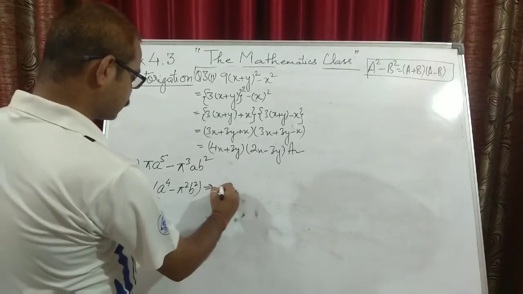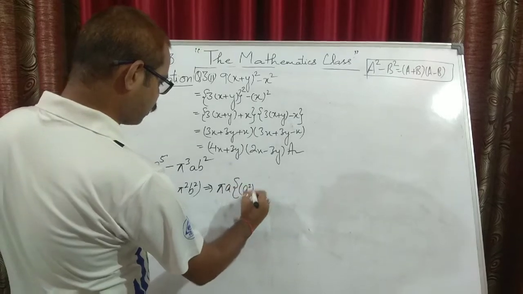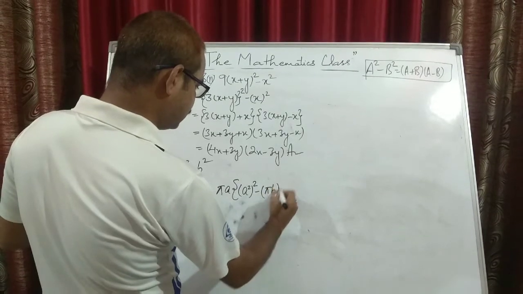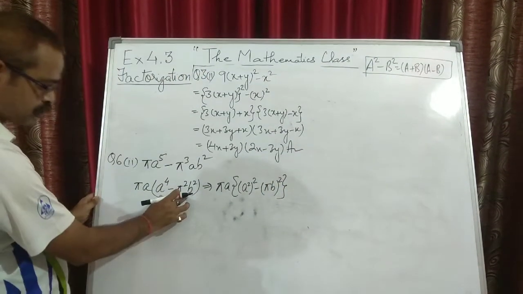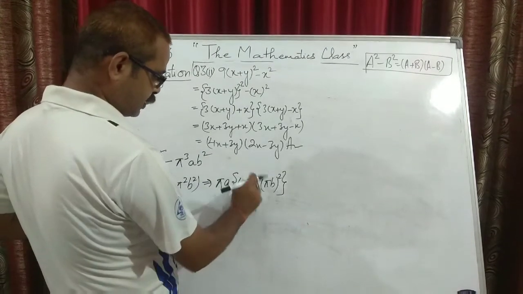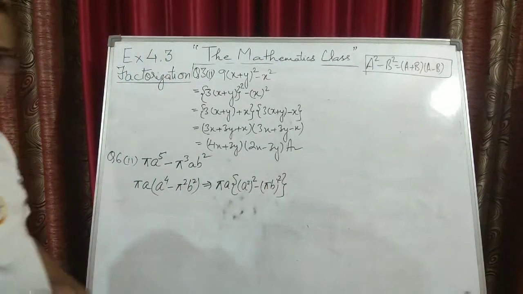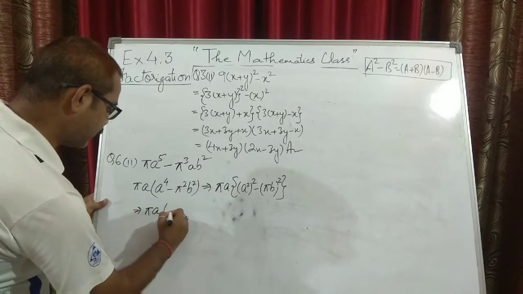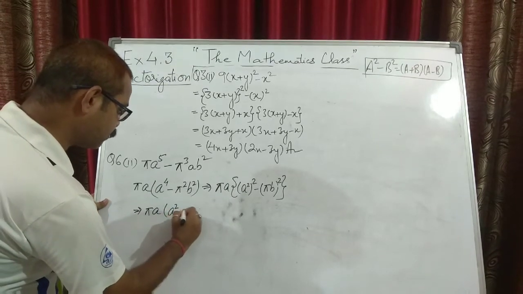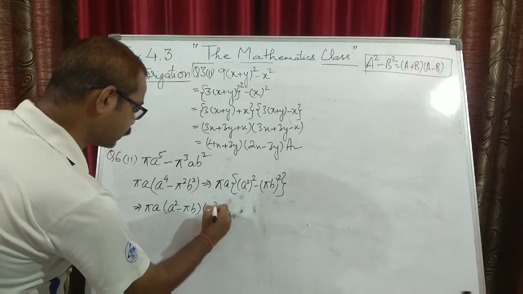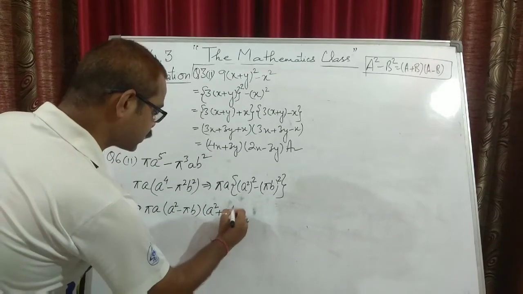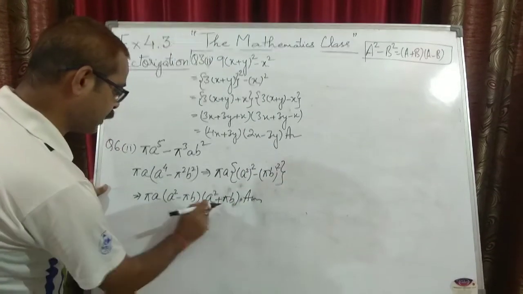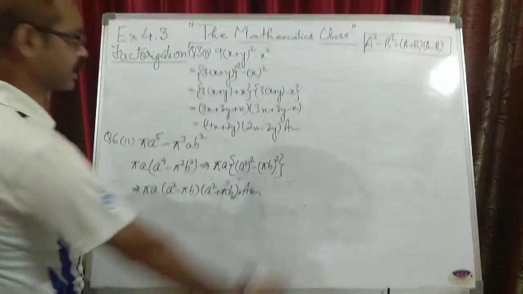This can be written as pi a square whole square minus pi b square. Means this portion has been termed as a square minus b square, which can be written as a plus b and a minus b. So finally pi a, that was outside the bracket, and a square minus pi b, a minus b and a plus b, pi square plus, a square plus pi b. That is the final value.